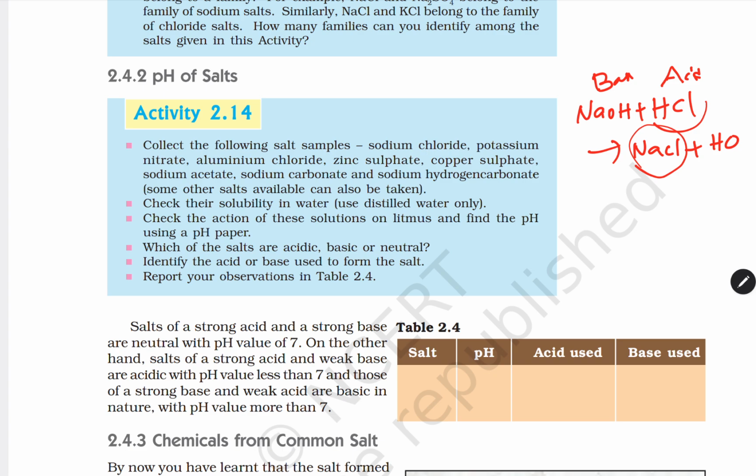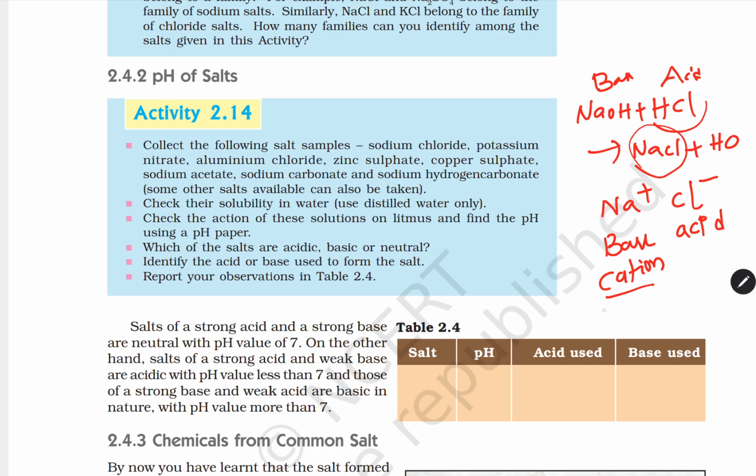Another observation you can make concerns the positive ion. For example, in the case of NaCl, Na is positive and Cl is negative. Na+ comes from the base and Cl- comes from the acid. So what is the conclusion here? The positive ion, or cation, comes from the base, and the anion, or negative ion, comes from the acid.